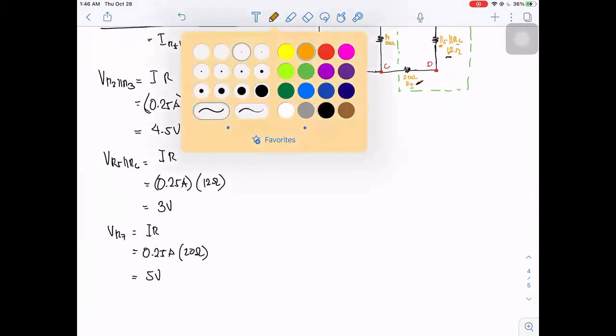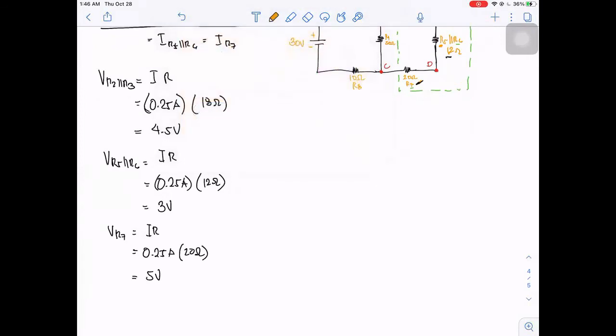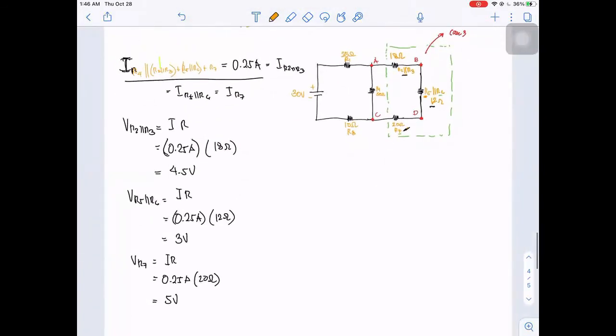So we have now our voltage drop across these resistances. So this is 4.5 volts. We have also 3 volts for R5 parallel R6, and we have 5 volts for R7.